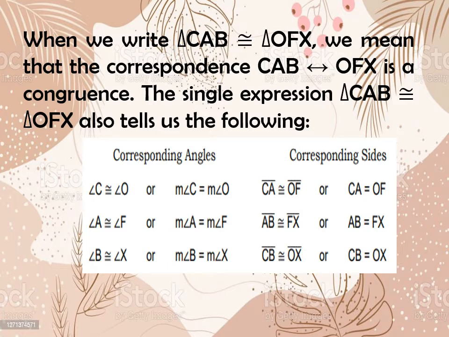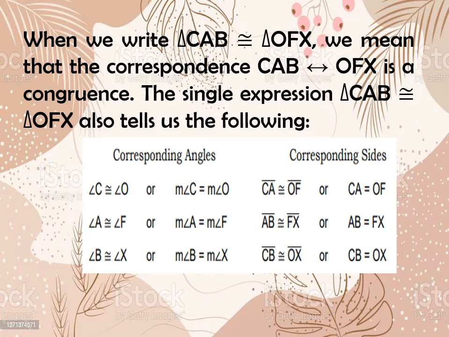For the corresponding sides, if side CA is congruent to side OF, it means that side CA is equal to side OF. If we have side AB that is congruent to side FX, it means that side AB is equal to side FX.